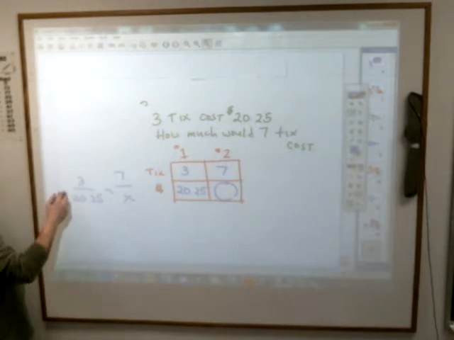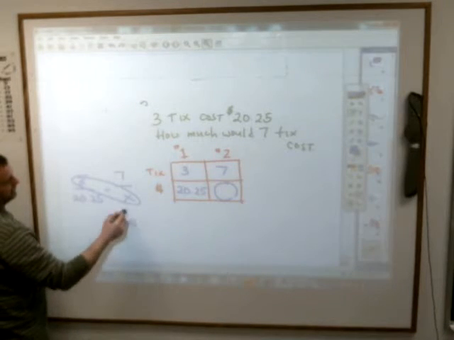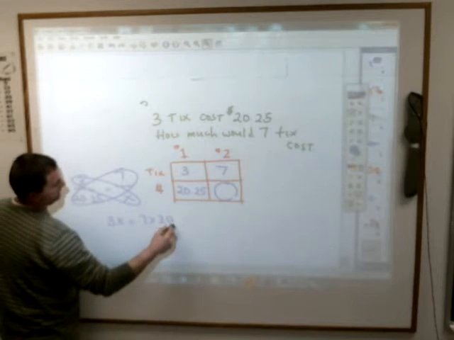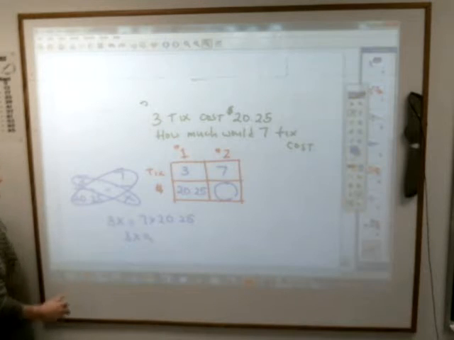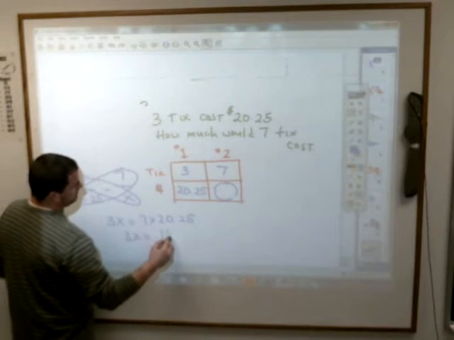In this case here, I would simply just do this. 3 times x equals 7 times $20.25. Anybody do 7 times 20.25 in their head? How about 141.75? Yeah, that works. Is that right?